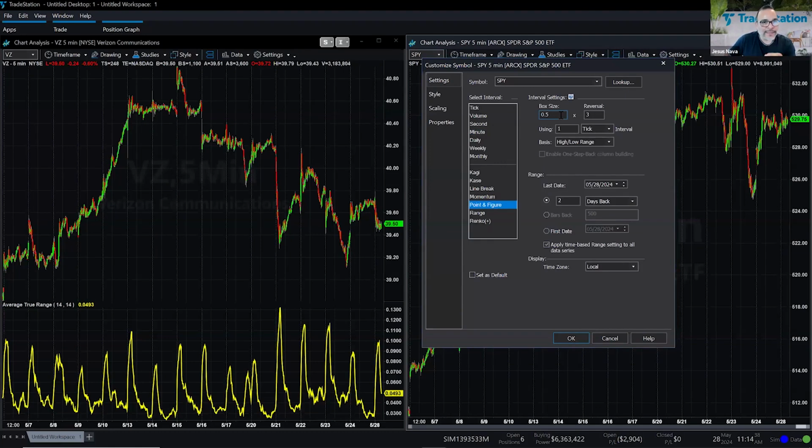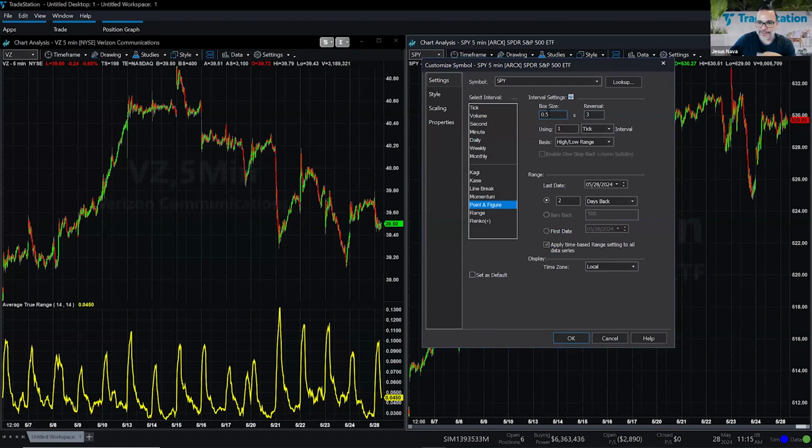So how likely is it for Verizon to move 50 cents on a 5-minute time frame? I mean, it's going to take some time. You can look at the scale here. It goes from 39 over here, and it's 40 up here. And you can see that for the past few days, Verizon has been between 39.50 and 40. So not even $1 of movement has happened in the past few days.